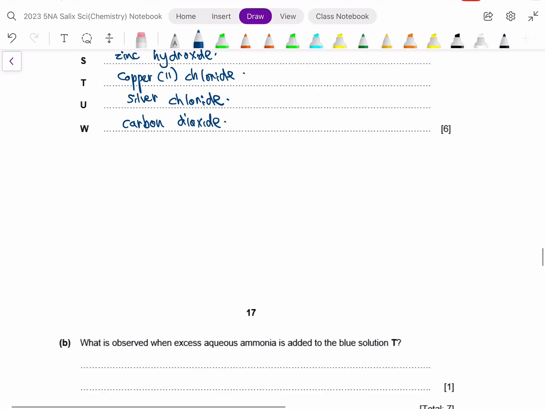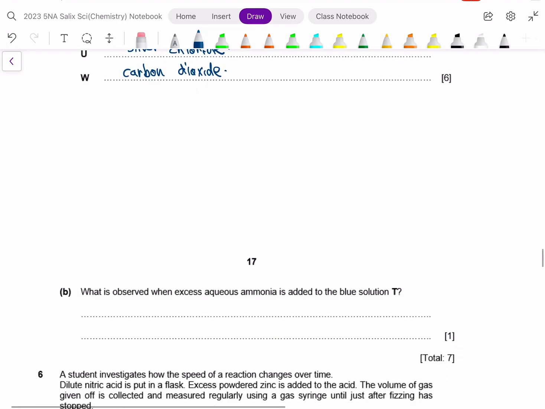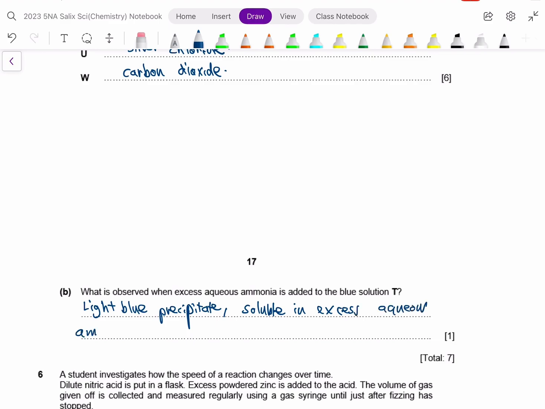So you say a light blue precipitate that is soluble in excess aqueous ammonia to form a blue solution.